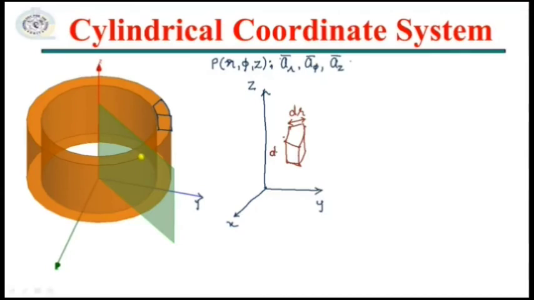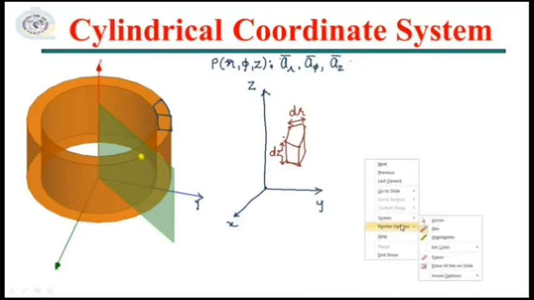So let's define the height. Height will be dz. Coming to height along the z direction and differential length along the radius, we are done with two parameters. Now we have to see what is the differential length along phi.